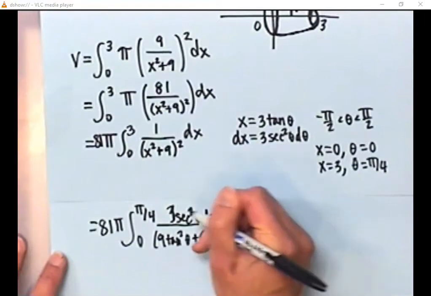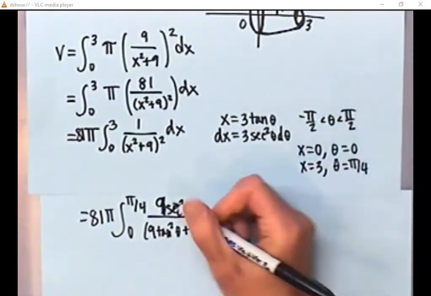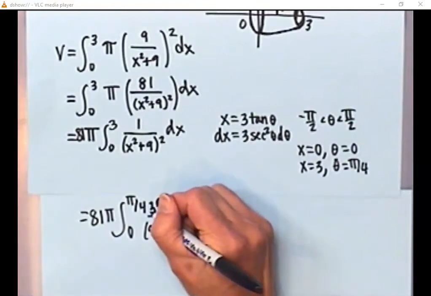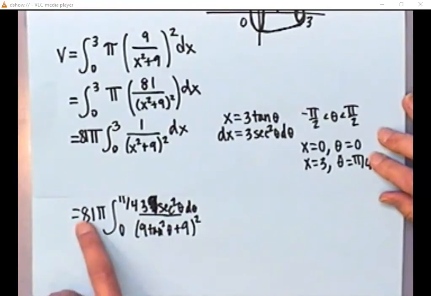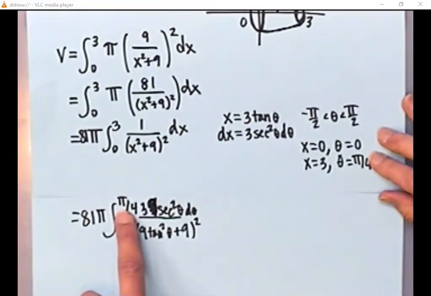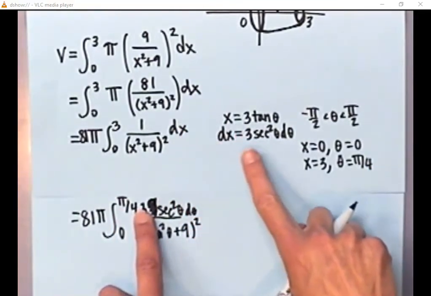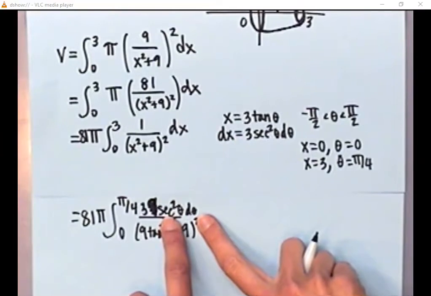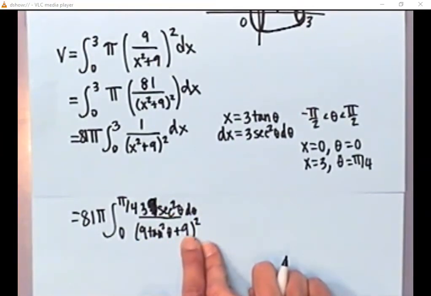That's just dx, so that is a 3. I'm replacing dx with 3 secant squared theta.